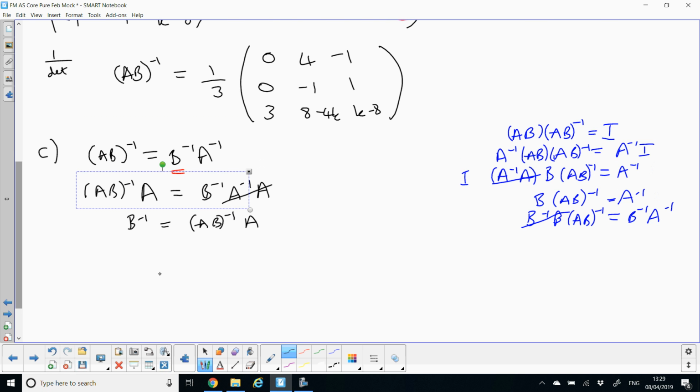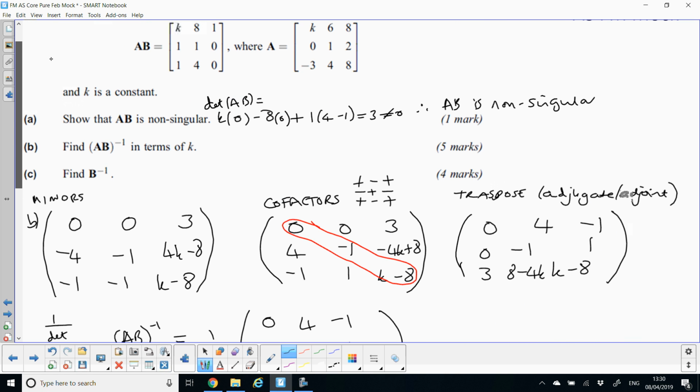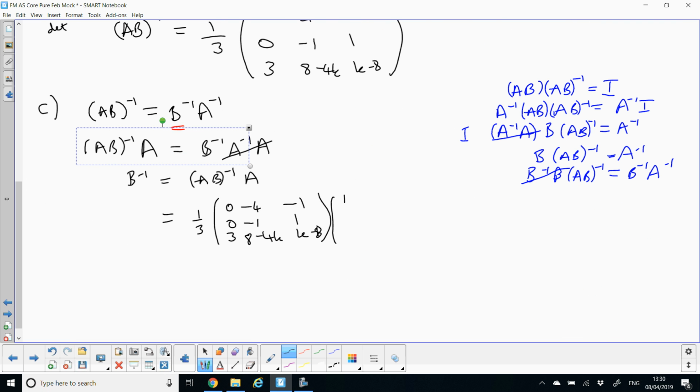All I need to do now is put in what I've got. So that's going to be a third times my inverse matrix. And then I'm going to multiply by A, which was up here. Okay, I will again just leave the third, and then let's multiply these two together.